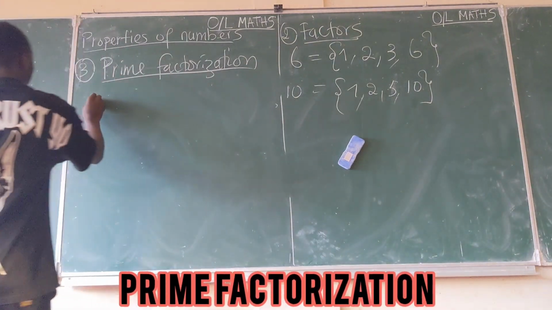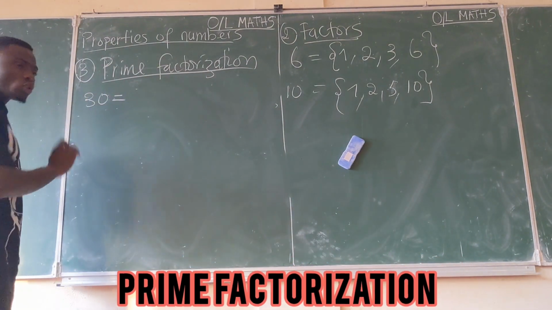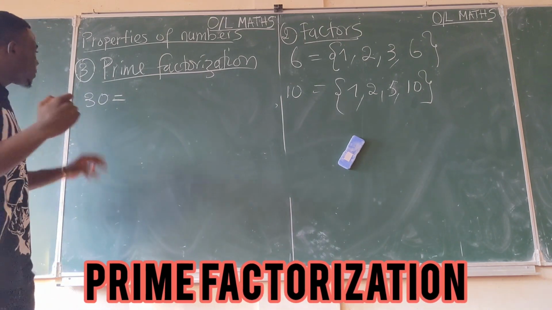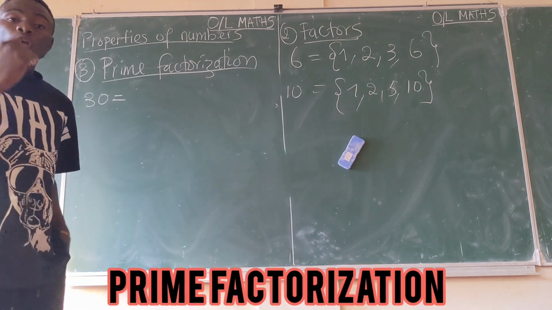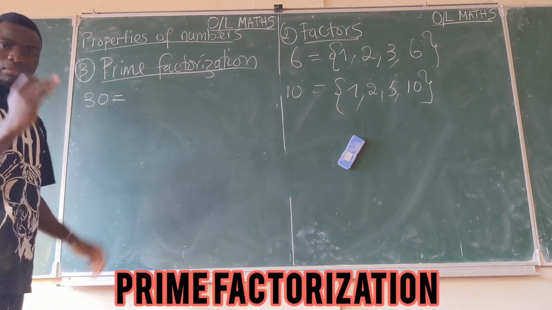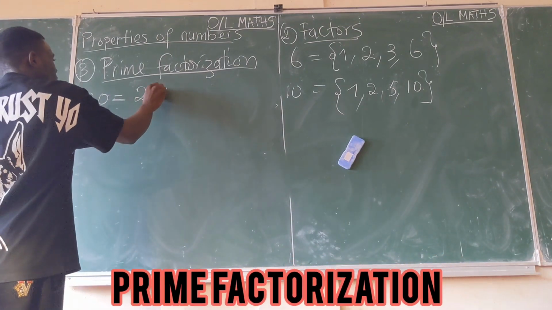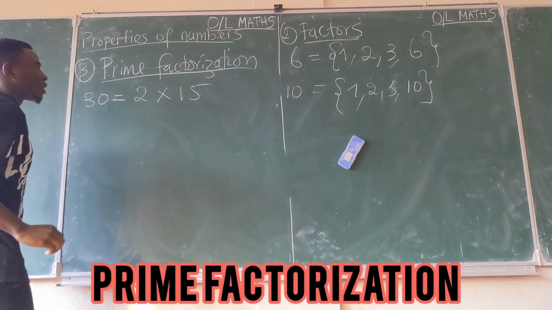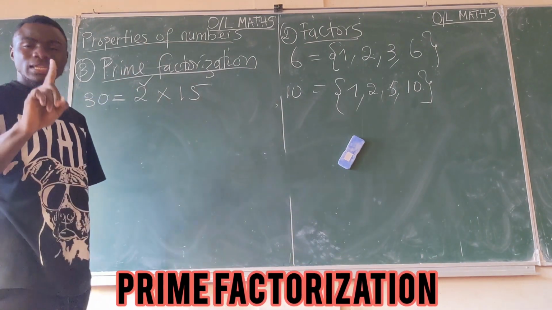So what do we mean? For example, if we were to express 30 as a product of its prime factors, it simply means we should break down this number such that at the end of the day, we should have only prime numbers multiplied, which is still exactly the same as 30. You know that 30 can be written as 2 times 15. Now we see that 2 is already a prime number, but 15 is not yet a prime number.